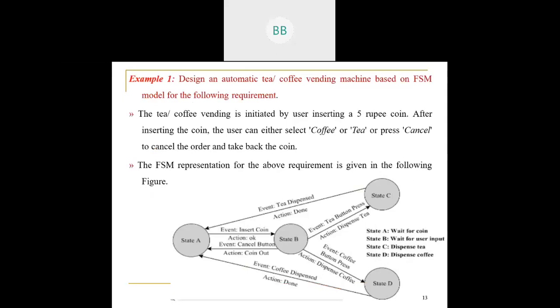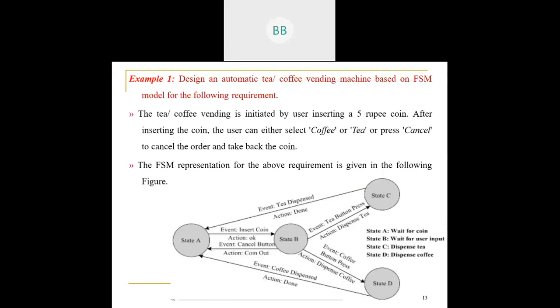Another example I would like to discuss that can be implemented using the FSM model is an automatic tea coffee vending machine, and it is represented as shown in the diagram.